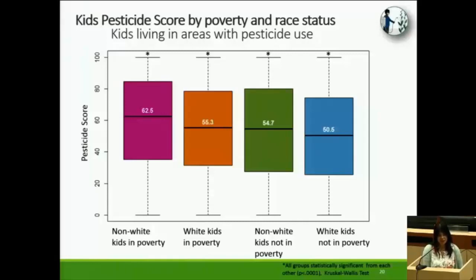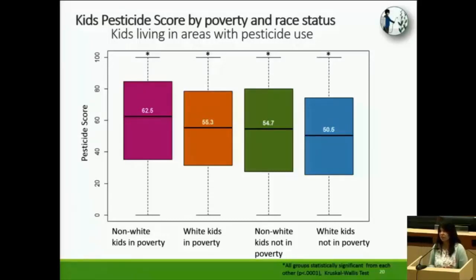Here we saw that the non-white kids in poverty had a higher median score, 62.5, compared to white kids in poverty. So here showing that race was playing a role in being in places with higher pesticide score. And they were significantly different from each other.